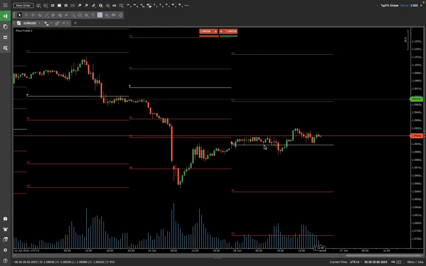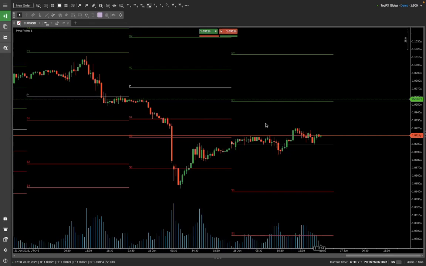So the pivot points can have plenty of usefulness when you're creating your strategy, because it's mathematics, as I said again. And this is why it's not subjective, it's not very susceptible to interpretations and subjectivity of the traders.